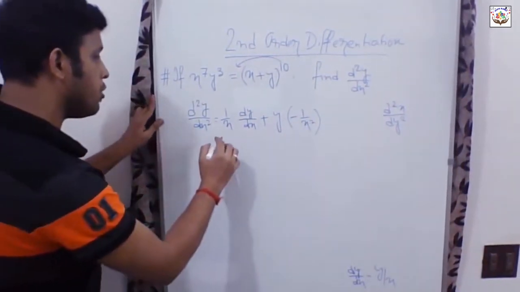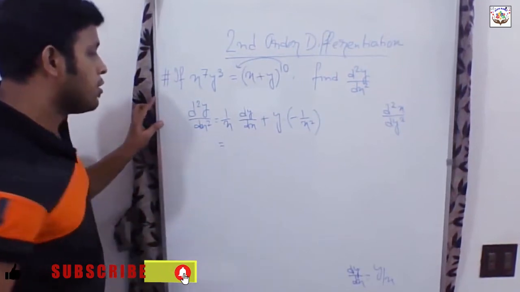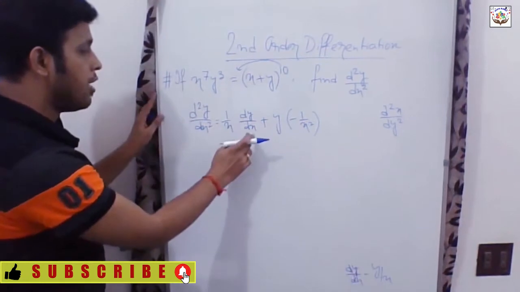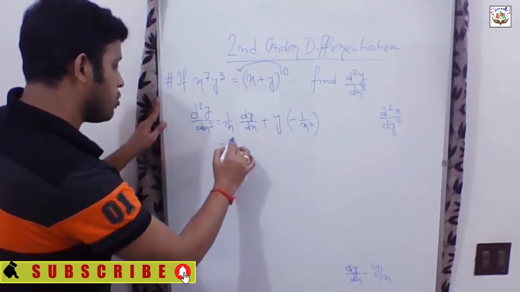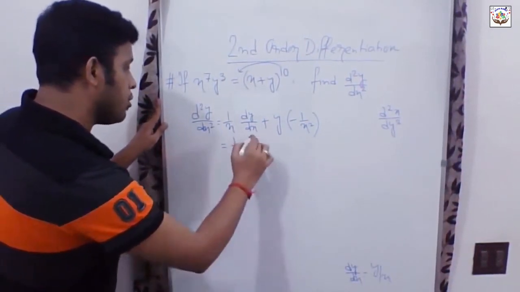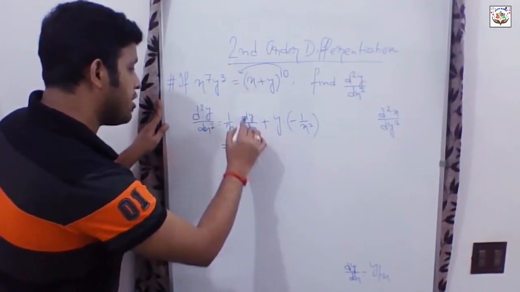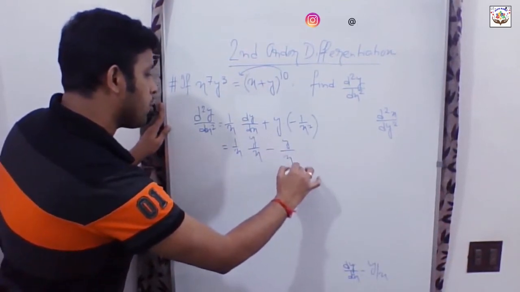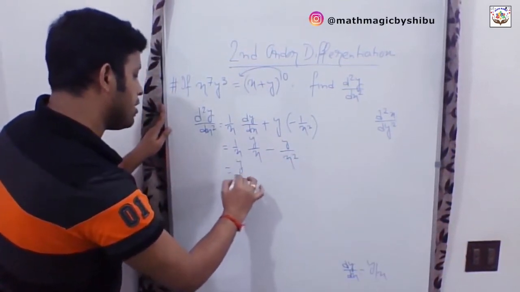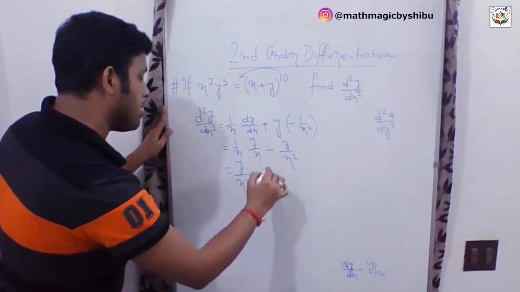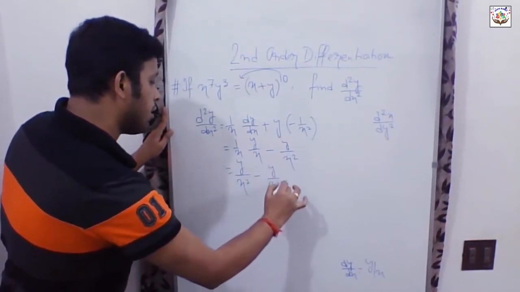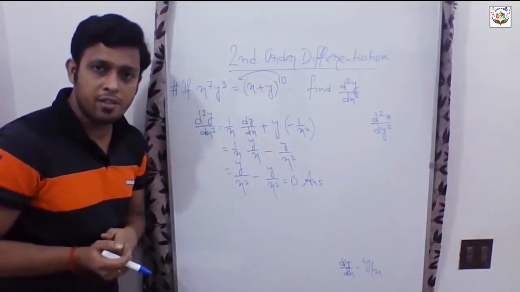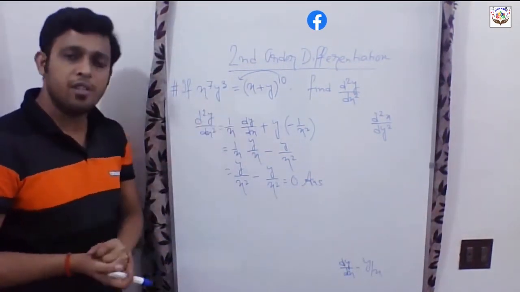Okay, as we know the value of dy dx is y by x, we can replace this value here. So 1 by x into y by x, as dy dx is y by x, minus y by x square. So as you can see, y by x square minus y by x square, the answer will be 0. So the second order differentiation for this function is 0.